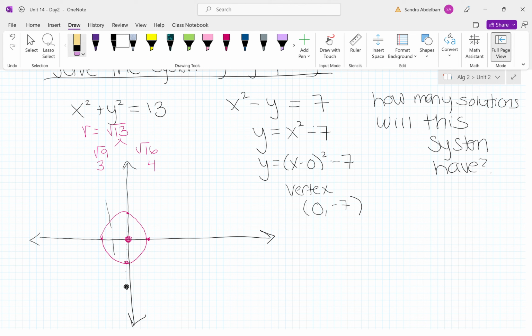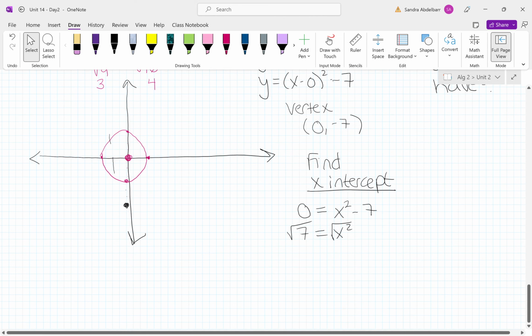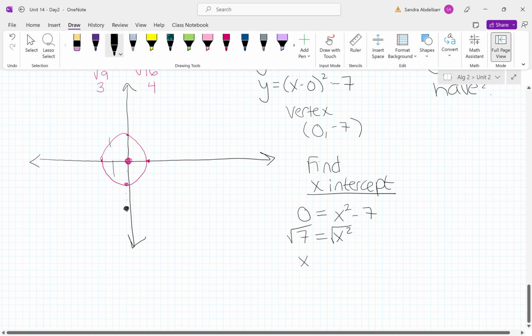Actually, let's find the x-intercept to help us know how wide this is going. So 0 equals x squared minus 7. So 7 equals x squared. So what does x equal? Plus minus root of 7, right?